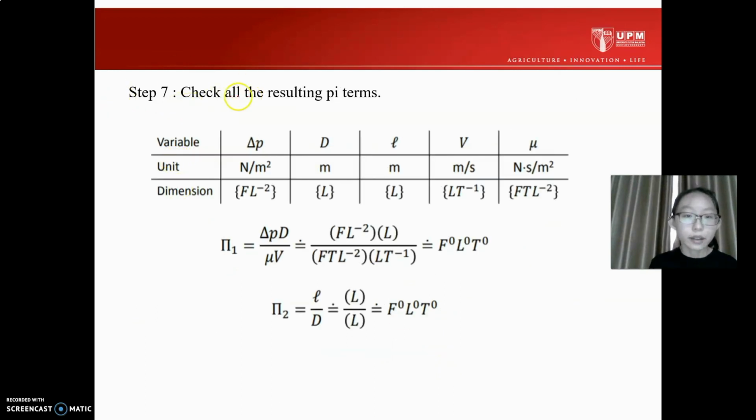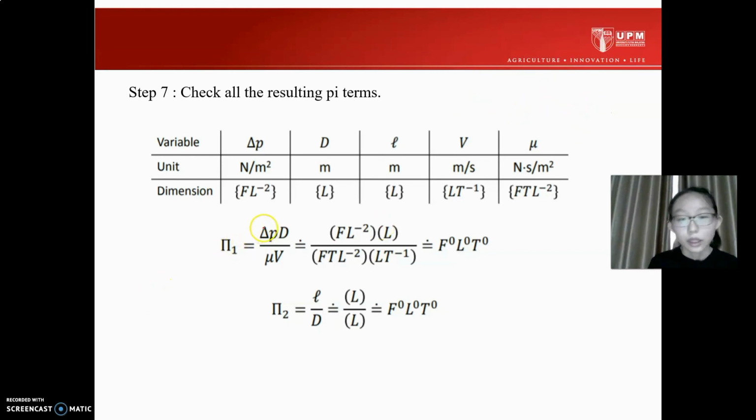So step 7 checks all the resulting pi terms. For the pressure drop, the unit is Newton per meter squared. Diameter and length unit is meter. V is meter per second. Viscosity is Newton times second per meter squared. The dimension of pressure drop is F per L squared. D and length have the same dimension, L. V is L per T. Viscosity is F times T over L squared.